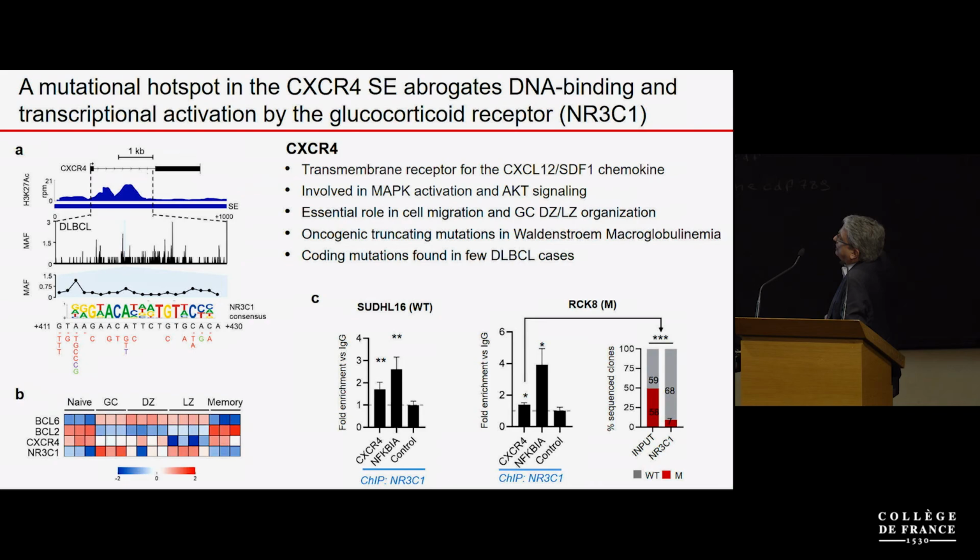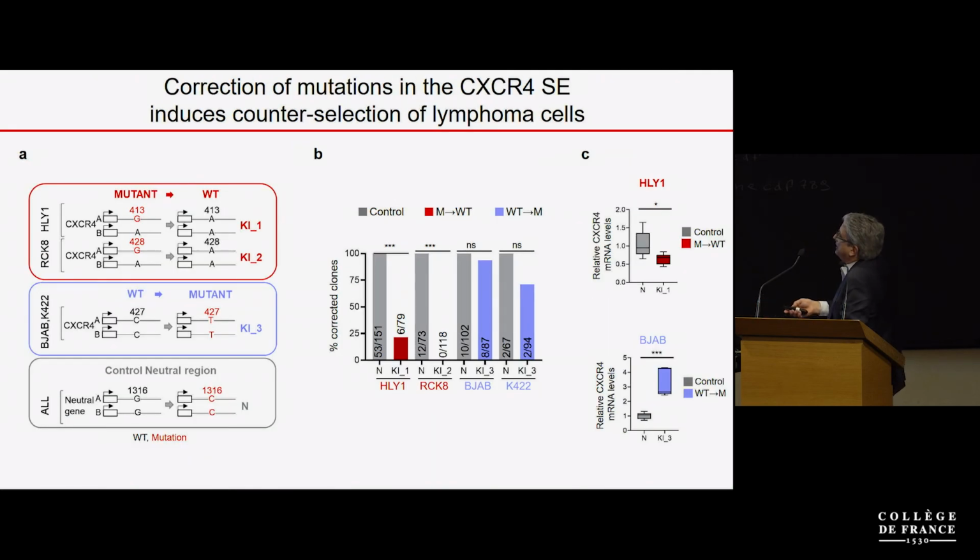So this gene again, the glucocorticoid receptor, has a modulating effect on this gene. I will not spend too much time. The same story, mutant to wild type or wild type to mutant, shows a clear dependency on this mutation for survival of the phenotype, and release of expression of this gene when we mutate the suppressor.